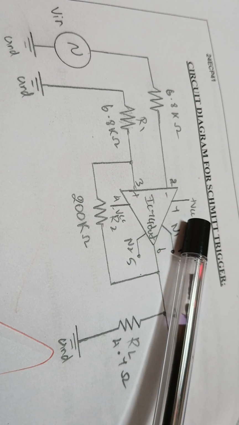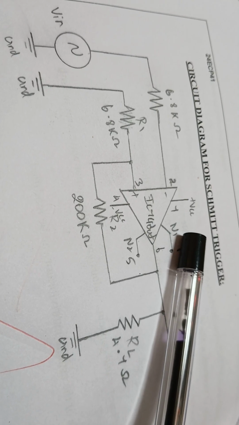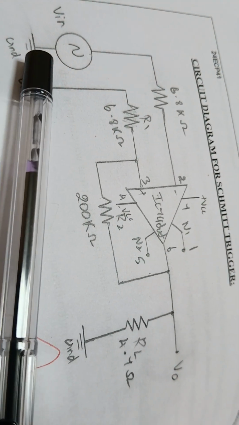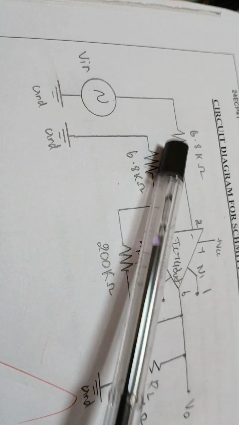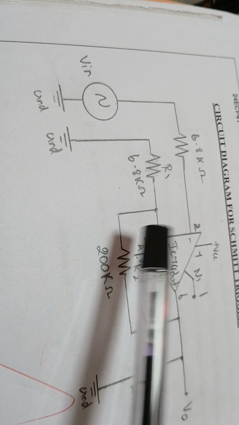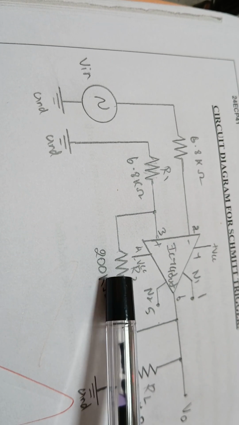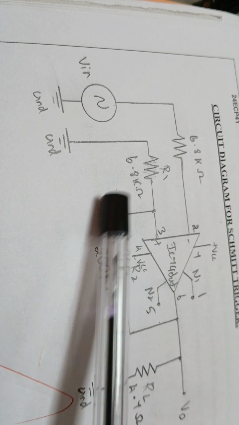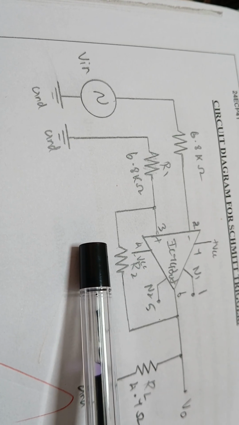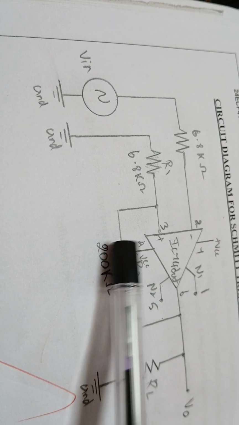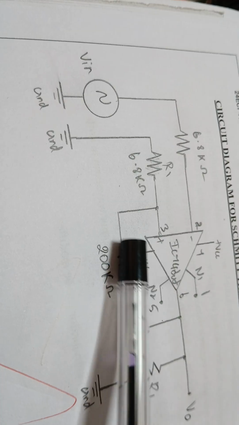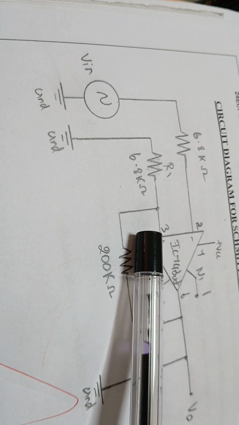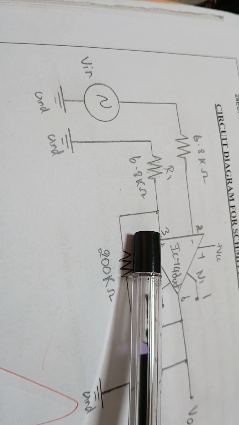Now, the circuit operation of the Schmitt trigger. We give the input sine wave to the inverting input terminal, and to the non-inverting terminal we give the feedback resistors R1 and R2. Based on the R1 and R2 values, we change the design values and the output threshold limits.